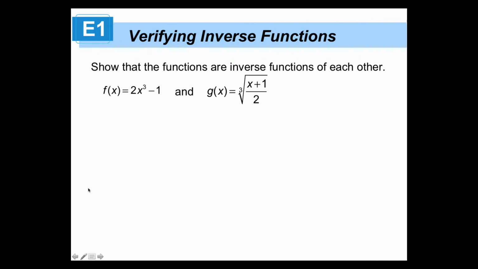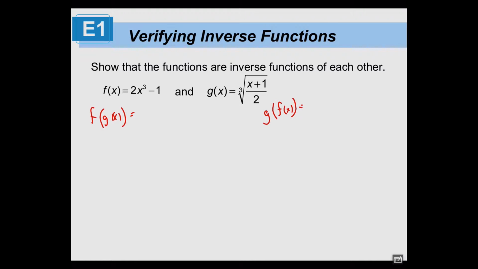Yeah. So I think F and G might be inverses of each other. So I need to verify that. And as I said, I have to verify it using both techniques. So I'm going to do F of G of X, and I'm also going to do G of F of X. Let's start with this.